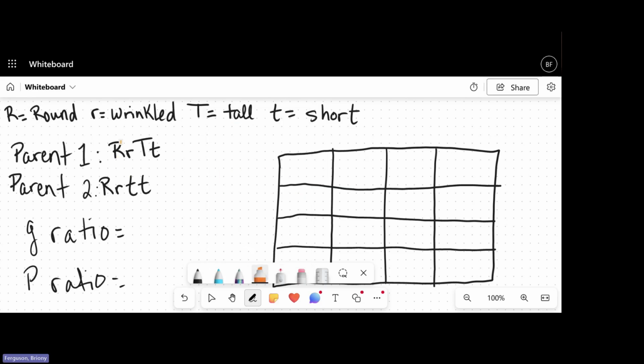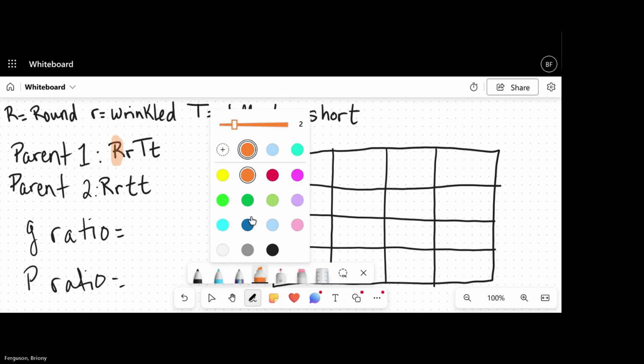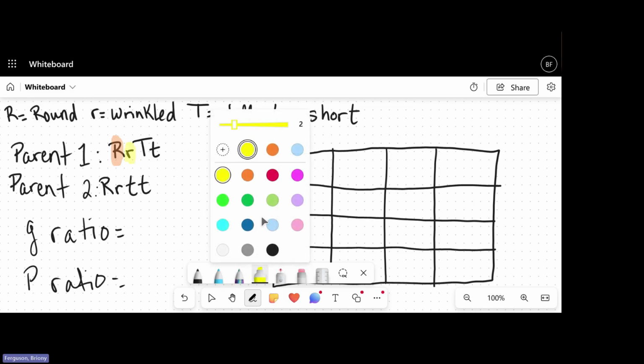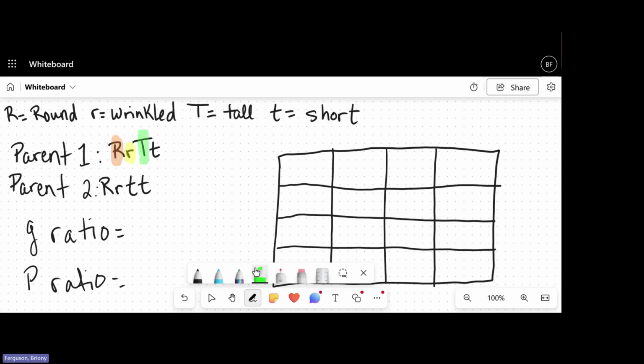So how we're going to do this, because we actually do not want to put each individual one across the top like we would with a single trait Punnett square. We're going to take each of our letters and combine them with the others.